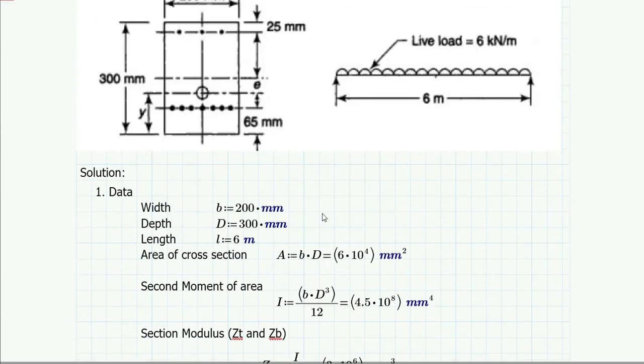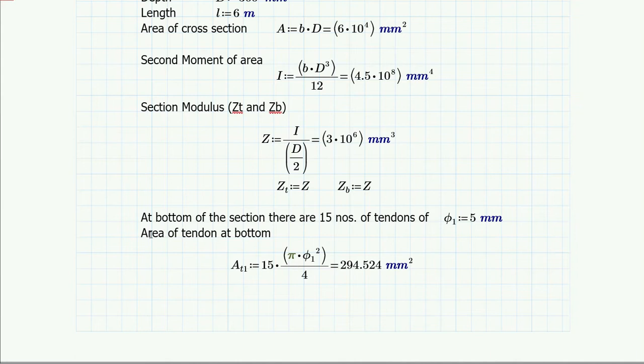This has been already mentioned in the problem. Now the total area of tendons at the bottom is given by AT1 is equal to 15 into pi d square, that is phi 1 square by 4, which comes out to be 294.524 mm square. This is the area of tendons at the bottom.